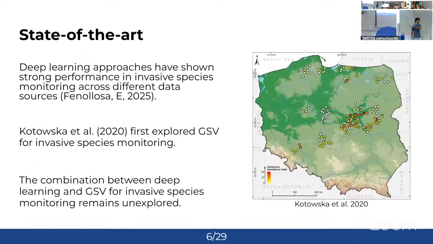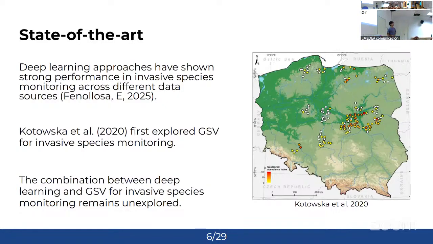The state of the art on this matter is, on the one hand, as I said, deep learning approaches currently showing very good results in monitoring invasive species. On the other hand, this author, Kotowska, in a figure from his 2020 article, first explored Google Street View as an ecological dataset to monitor invasive species.